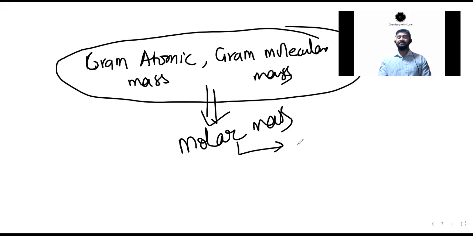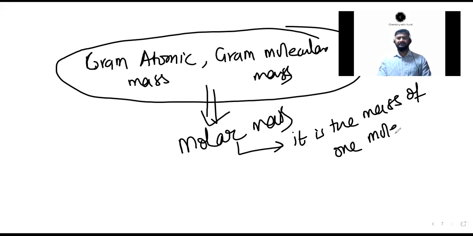Molar mass is nothing but the mass of 1 mole of a substance. That's it. If that substance is atoms, then it will be gram atomic mass. If the substance is molecules, then it will be gram molecular mass. So it is the mass of 1 mole of a substance.